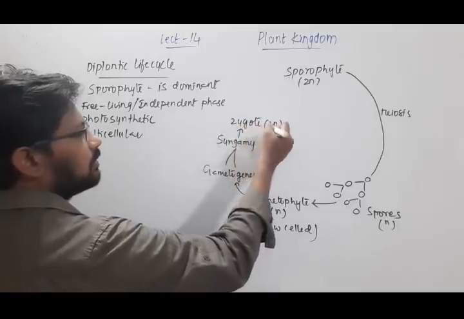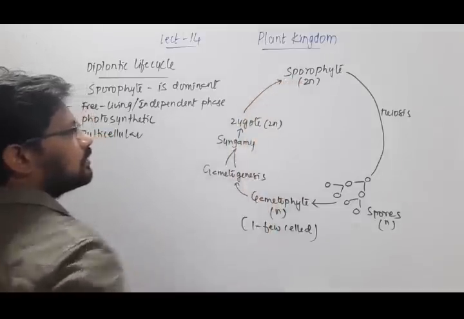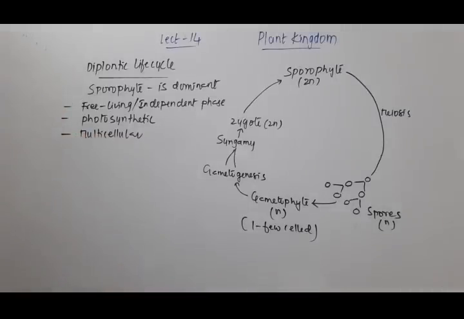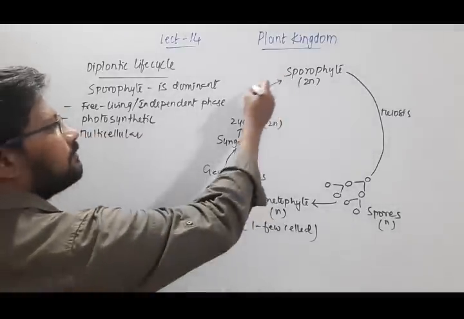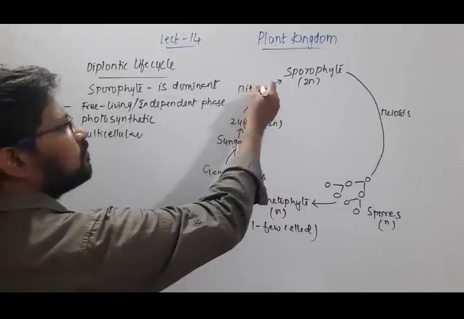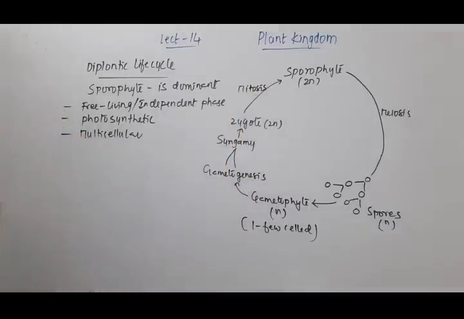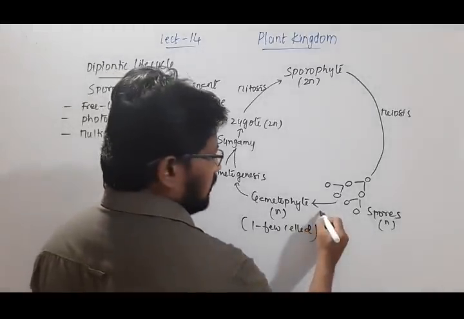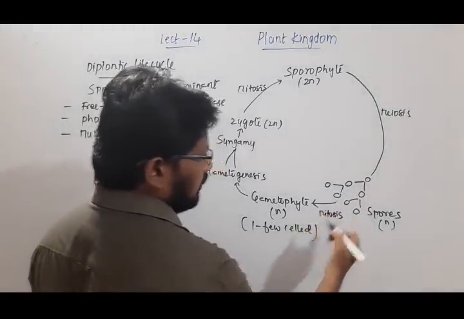So this is 2n, and this zygote will undergo mitosis to give rise to sporophyte. So here also we can see the mitosis.